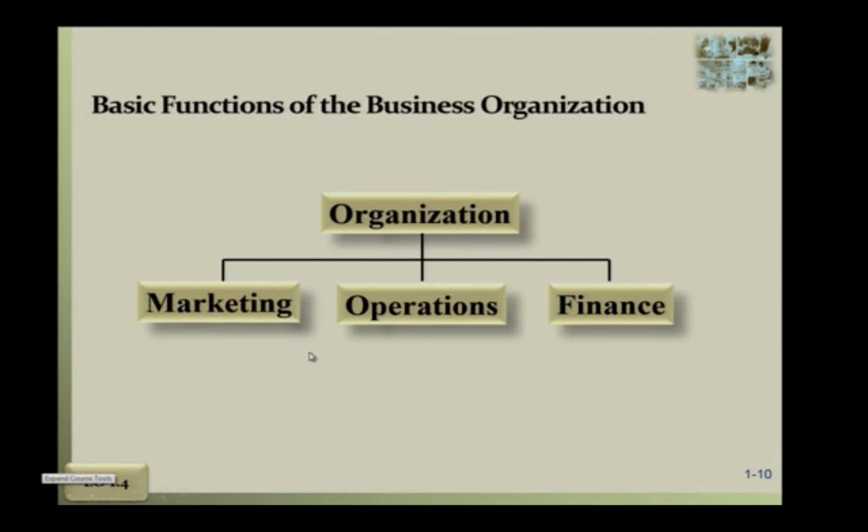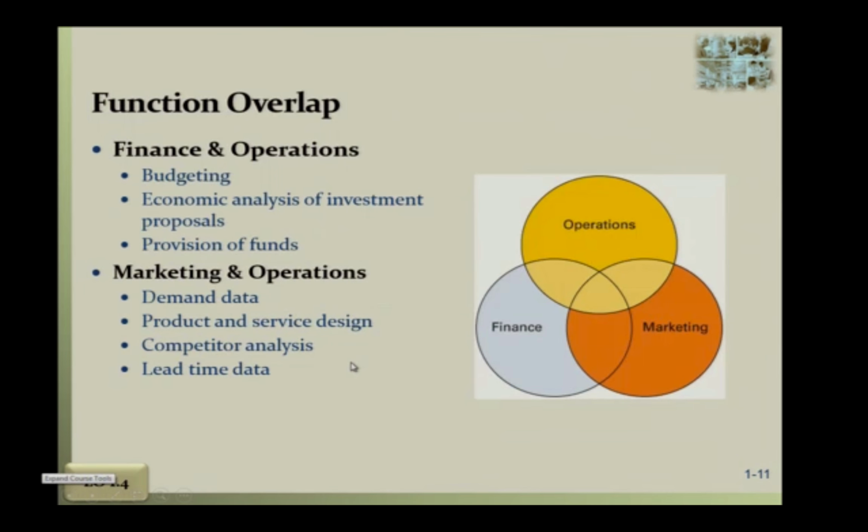and working with others. So organizations usually have three major functional areas: marketing, operations, and finance. You all have taken courses in marketing and probably finance, and for some of you, this course may be the only course in operations. So this is how operations and the different functional areas overlap.